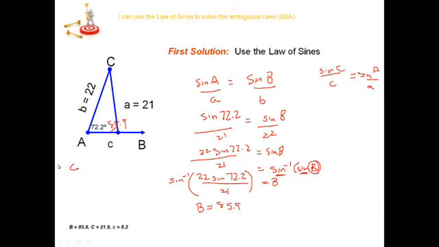So C, the measure of angle C, is going to equal 180 minus (72.2 plus 85.9). Those are both degrees. So I'm going to get the measure of angle C is 21.9 degrees.